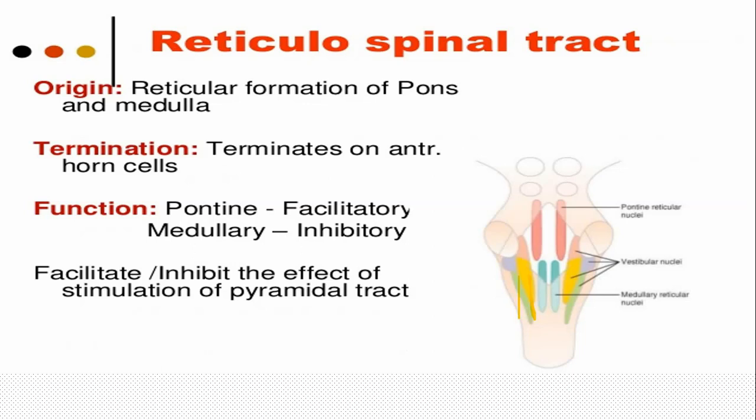The cells that give rise to the pontine reticulospinal tract are in the medial pontine reticular formation, and the tract descends in the ventral funiculus and ends on the ipsilateral medial groups of interneurons.